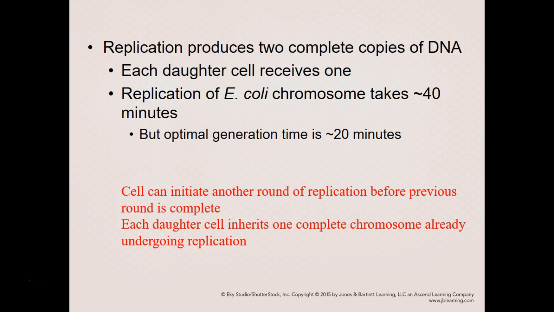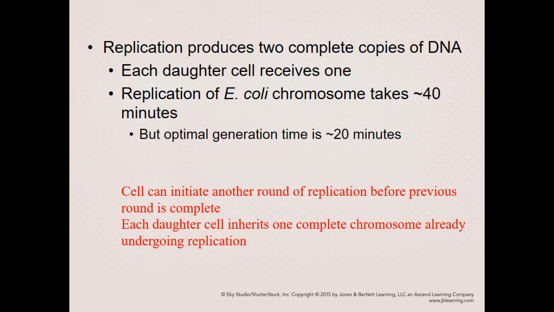So replication allows the DNA to produce 2 copies, and then the cells can replicate. So for E. coli, chromosomal replication takes approximately 40 minutes, but the generation time of E. coli is 20 minutes, and that seems very unusual, because how can the bacteria replicate faster than the chromosomes replicate?